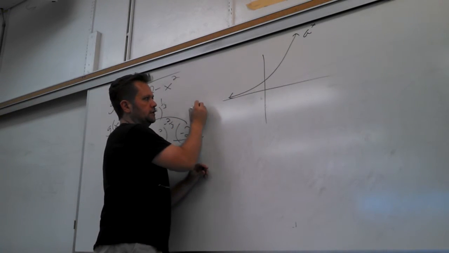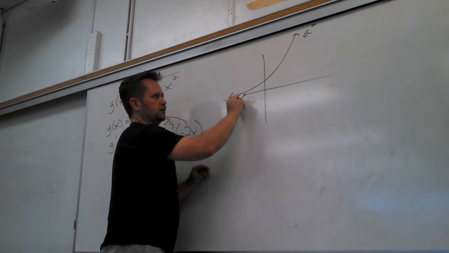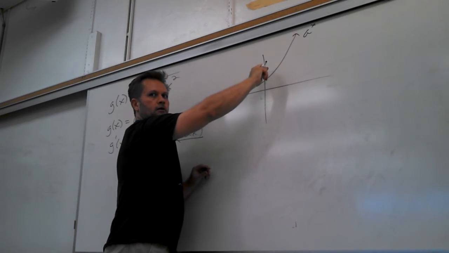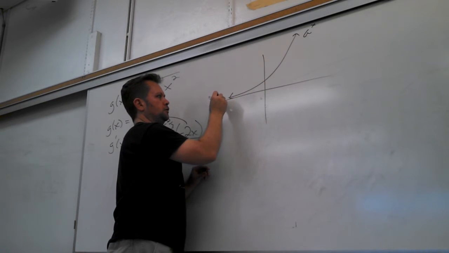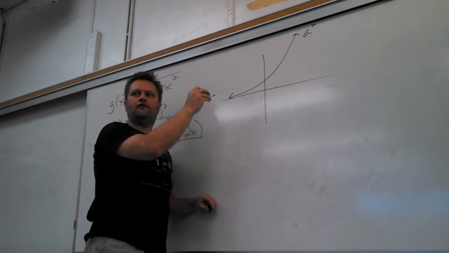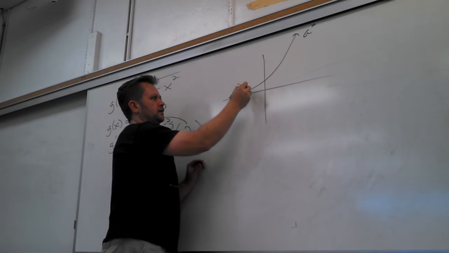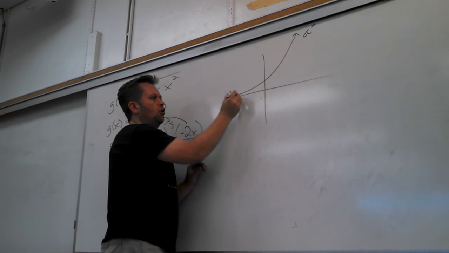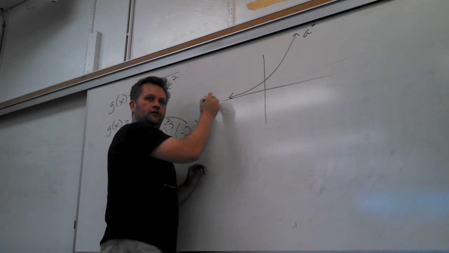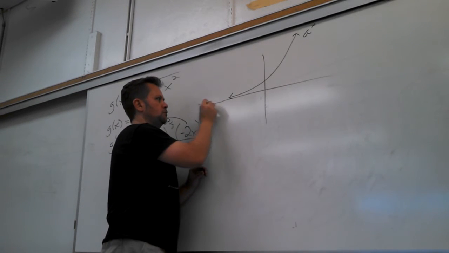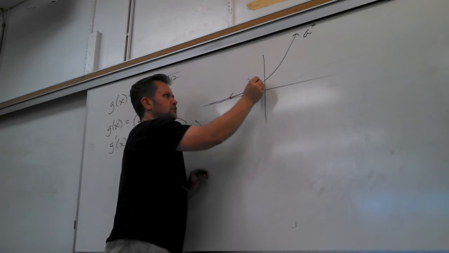So slope starts at 0, and then what does the slope do up here? It gets larger and larger. So if I try to graph the slope, it's almost 0, but is it ever 0? No. It's always just positive. So it's small positive, and then it gets bigger.